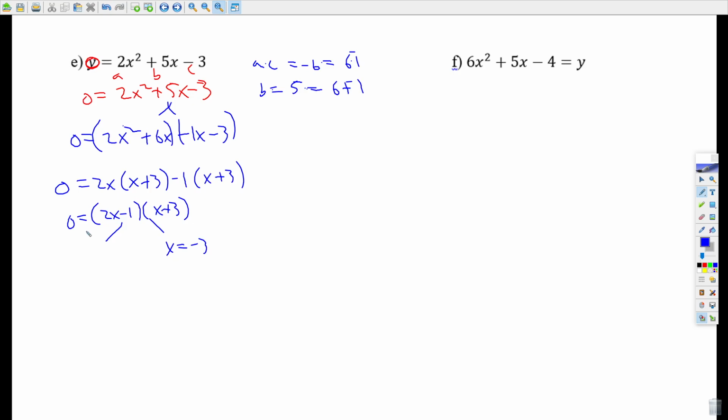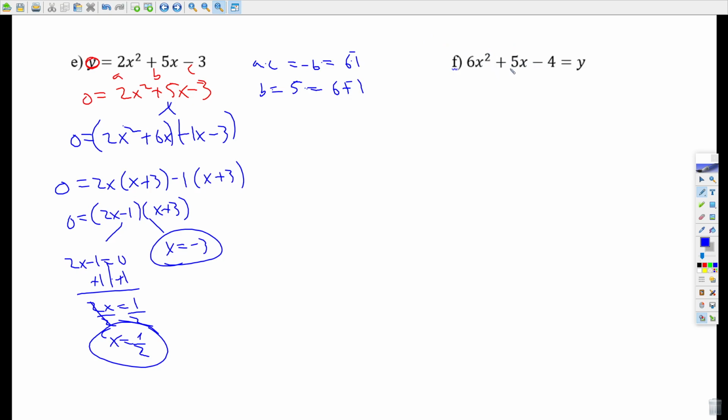You can get negative 3 here. If you don't know how to do this one, go ahead and set it equal to 0 and solve by adding 1 and dividing by 2. Although we've seen this before, we get 1/2. 1/2 or negative 3.